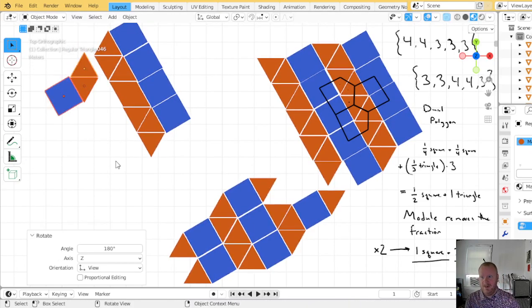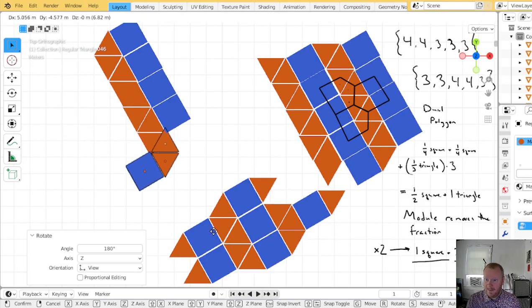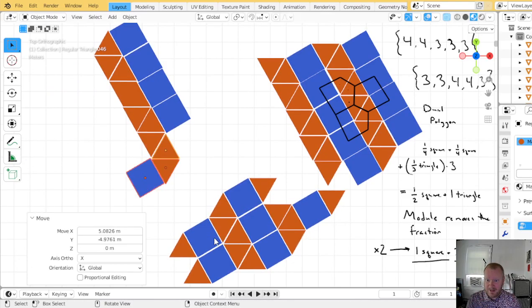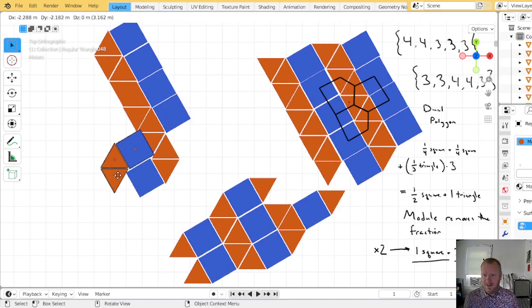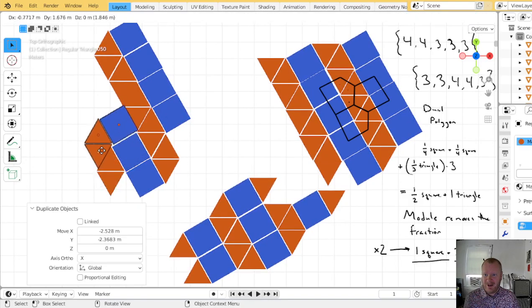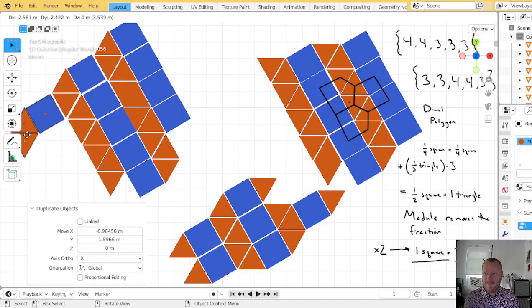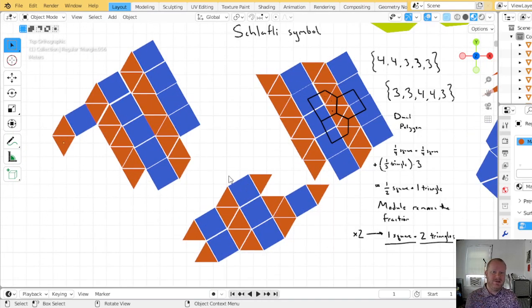I may need to rotate it in order to get that same semi-regular tiling. But yeah, if I've got 2 triangles and 1 square, then I can tile the plane with that to my heart's content. Just to show you, it may not seem like I can do that, but the pattern continues on as long as I want it to.